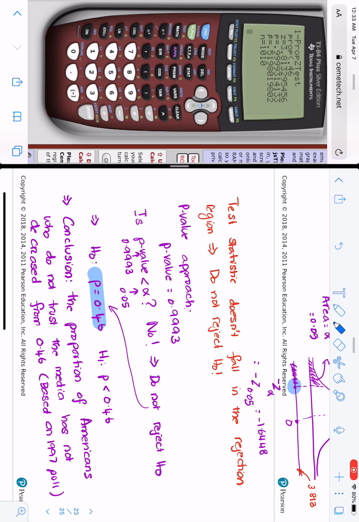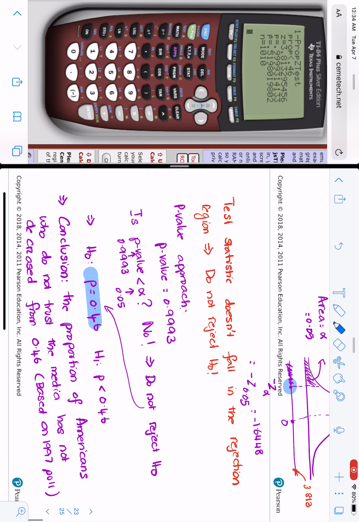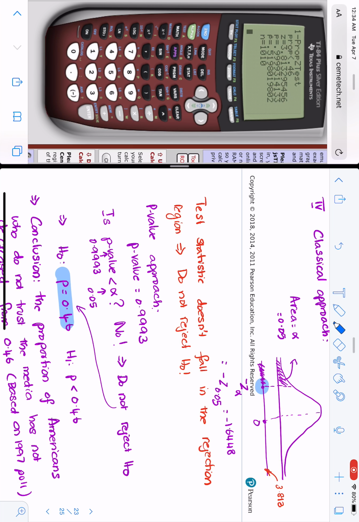Which is why the test is telling us that the proportion of Americans who do not trust the media has not decreased from 0.46, because clearly it has changed. And how did it change? It increased from 0.46 to 0.5198. And is it statistically significant? It is, because we rejected the null in the last two problems.